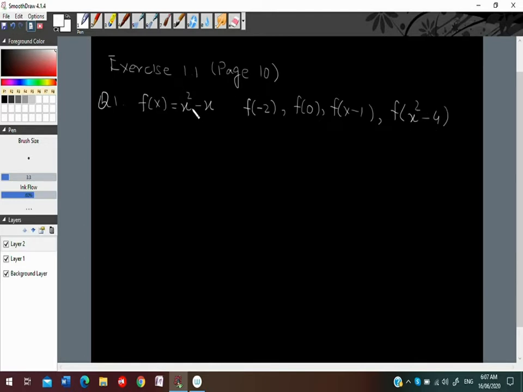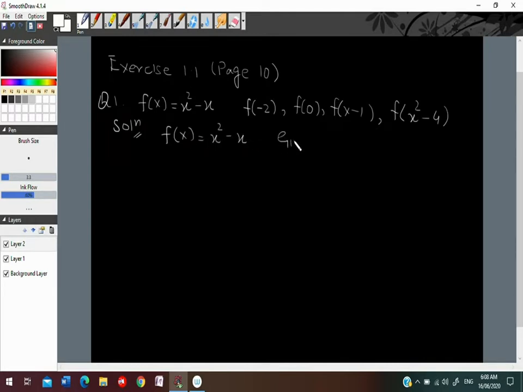In my previous lecture, I have discussed all these types of functions, and we have already discussed how we find the values of these functions at some specific points. Now, solution of this question. We have f of x equals x square minus x.